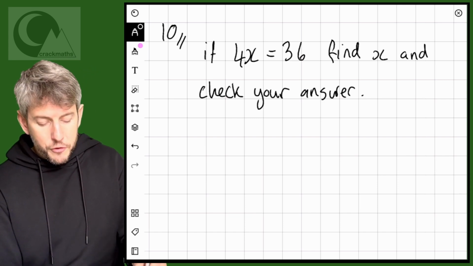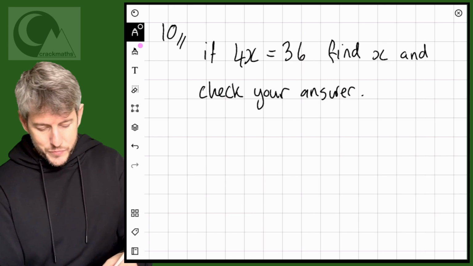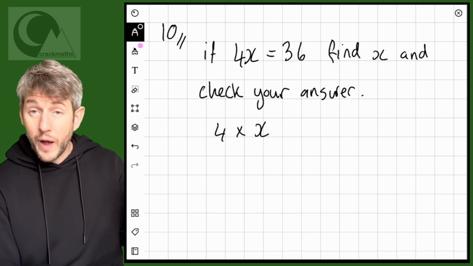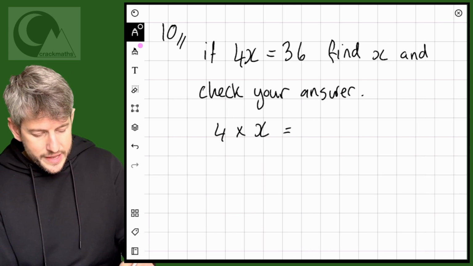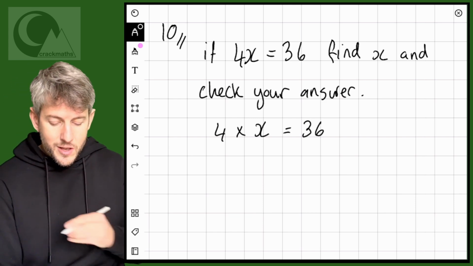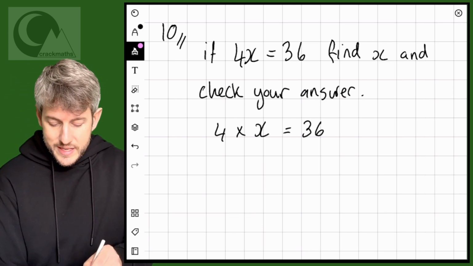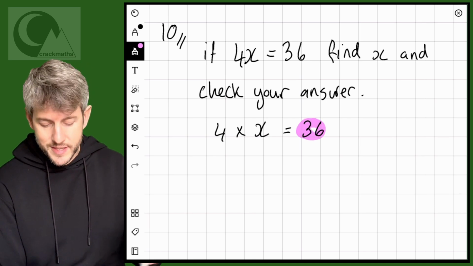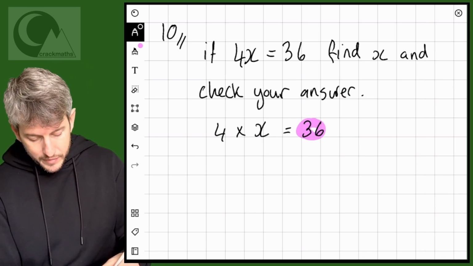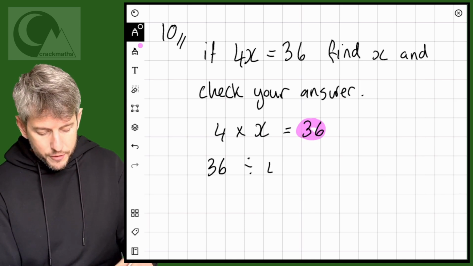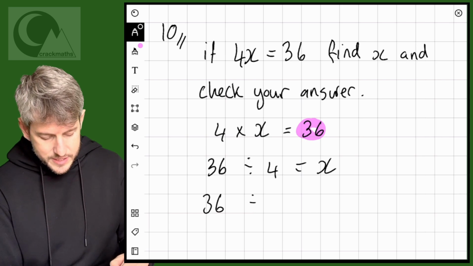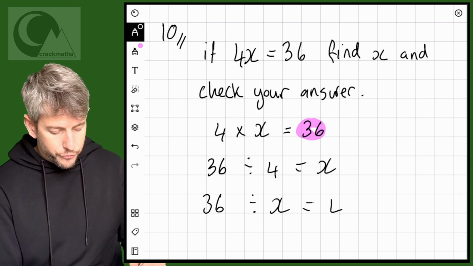So if I've got 4x equals 36, what that means is we've got 4 times x, where x is just a number, equals 36. So what I can identify from this is that the product in this scenario here is 36, which means that 36 divided by 4 will equal x, and 36 divided by x will equal 4.